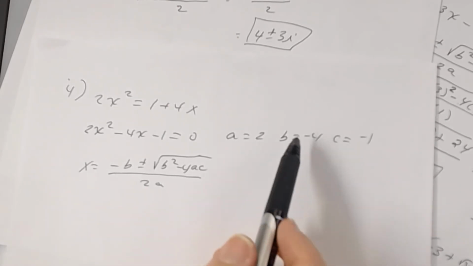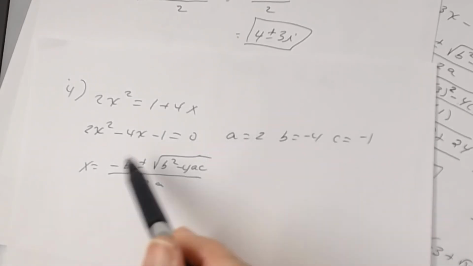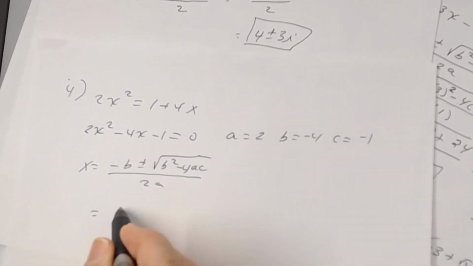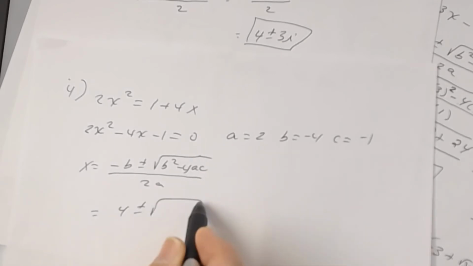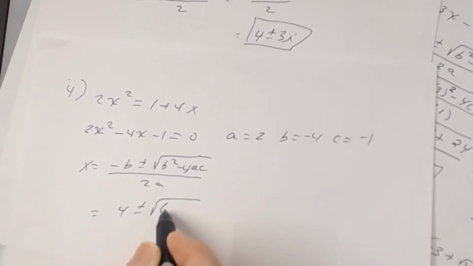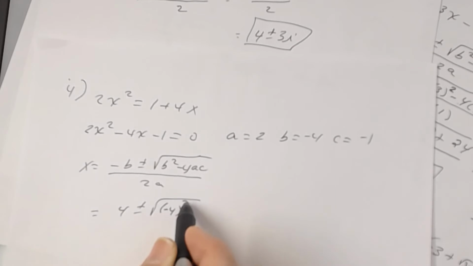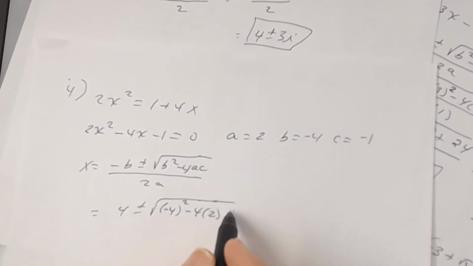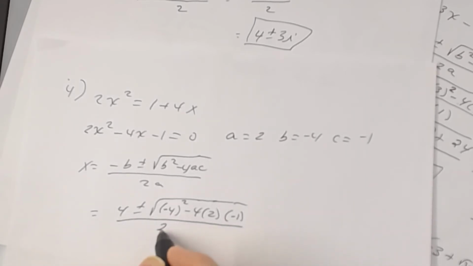All right, what's b? So what's the opposite of b? Positive 4. Plus or minus the square root of b, which is -4 in parentheses. What do I do to it? Squared. Minus 4 times a, which is 2, and c is -1. All over 2 times a, which is 2. Okay?